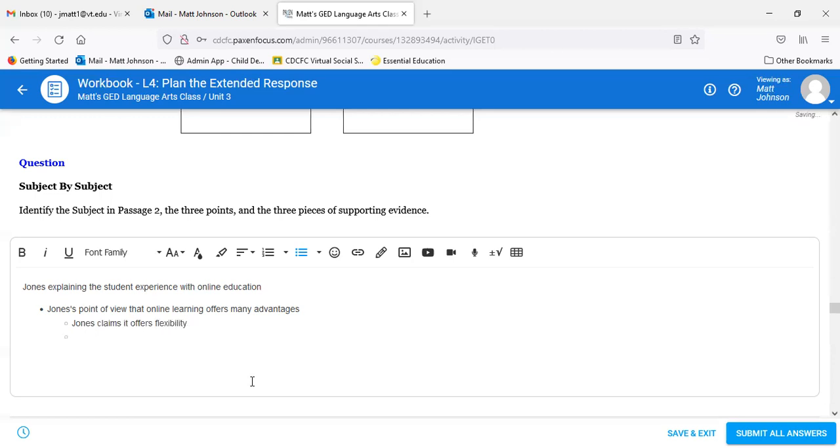Okay. Reasons. So we could say self-management, something like that. Jones discusses self-management. And he provides an example from a student.